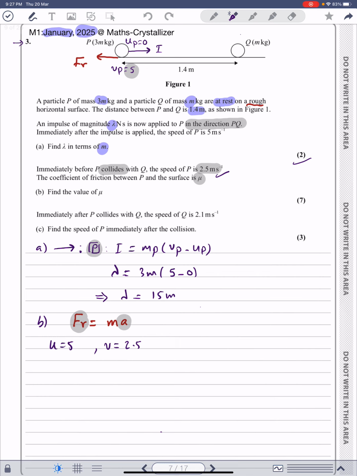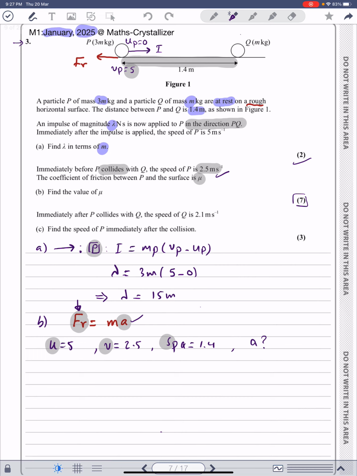When it says P collides with Q, it means P reached Q, so this distance was crossed. The distance PQ is 1.4. So we are given u, v, s. We want a. We have to find a to find the first component of the equation of motion, to proceed to find mu. This is the plan to get the 7 marks.